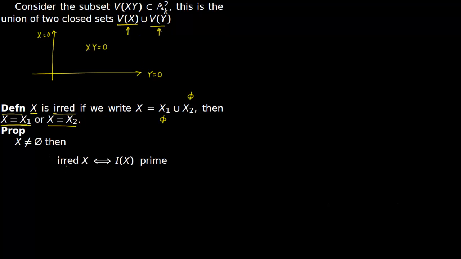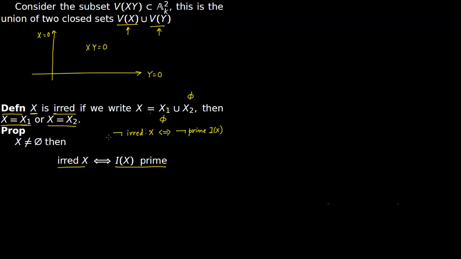So you take an algebraic set x and it is not empty, then x is irreducible if and only if its corresponding ideal is prime. So the way we are going to prove it is by contrapositive, that is, not irreducible, that is, x is reducible, if and only if I of x is not prime.